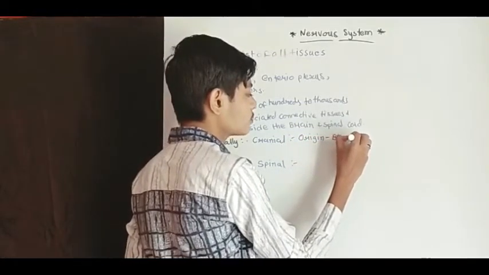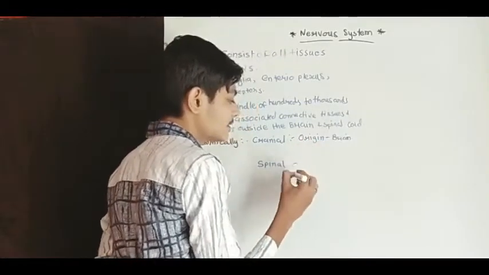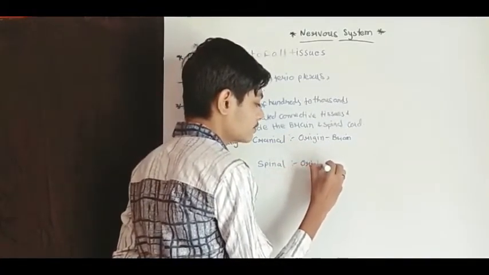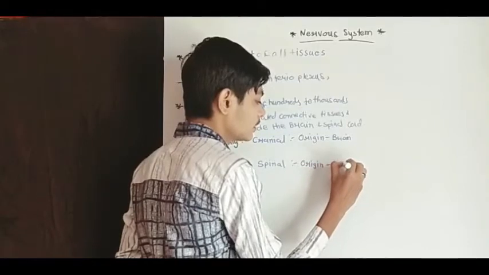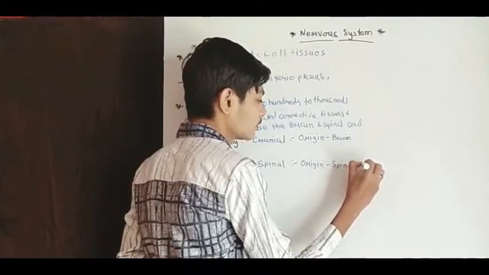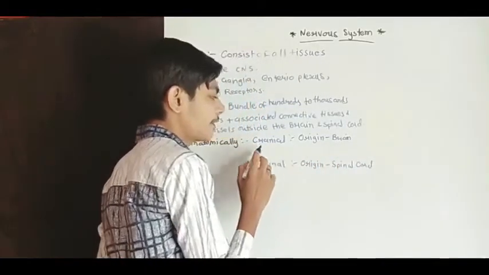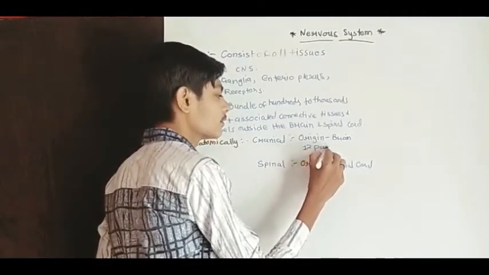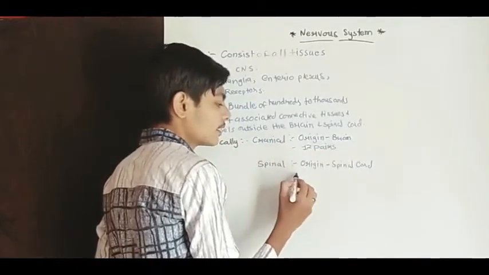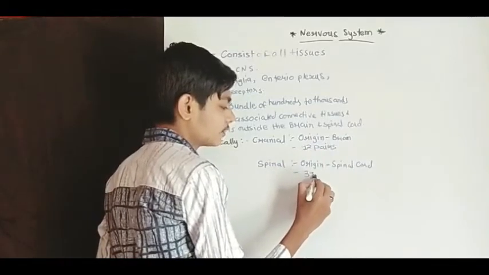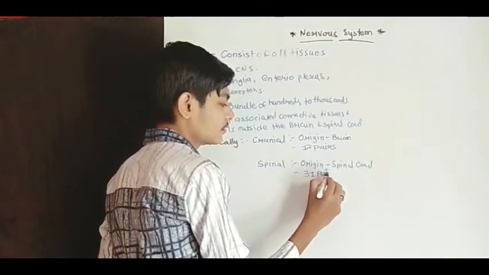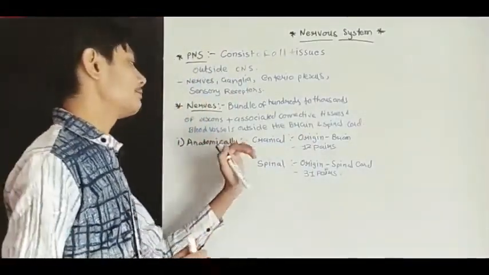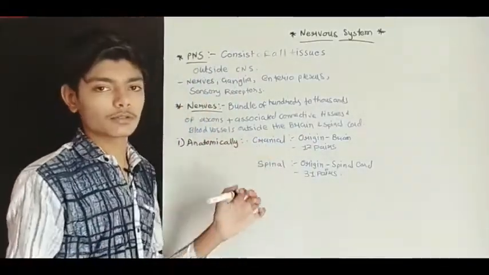And the spinal nerves, obviously, originate from the spinal cord. That's why they are called spinal nerves. Now the cranial nerves are 12 pairs and the spinal nerves are 31 pairs. So this is the basic difference between cranial and the spinal nerves.